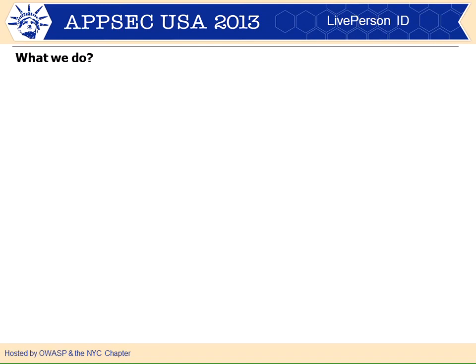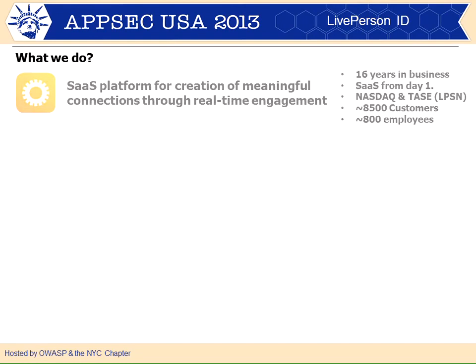To give you some color about what security is for LivePerson, let's first understand who we are and what we do. LivePerson is a SaaS platform that creates meaningful connections through real-time engagement. We have been in the industry 16 years. We are SaaS from the first day. We are public.